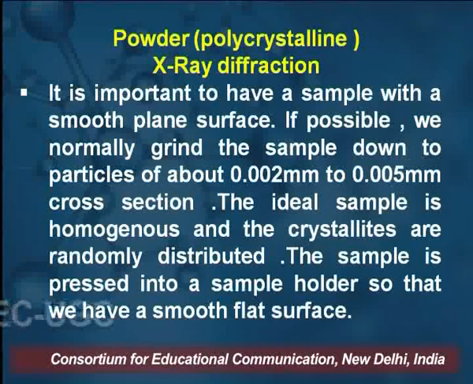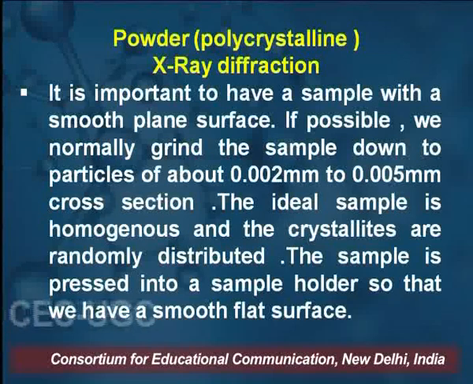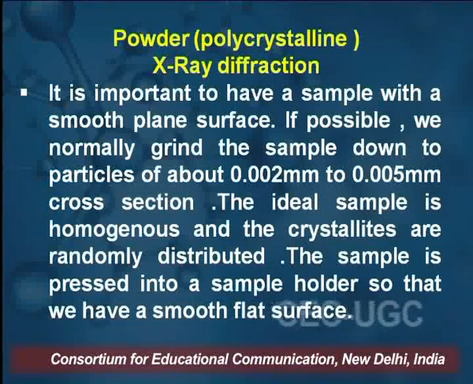It means we are making mini crystals, and the size of the particle must be of the order of 0.02 mm to 0.05 mm, and the ideal sample is homogeneous, and the crystallites are randomly distributed. The sample is placed in a sample holder.